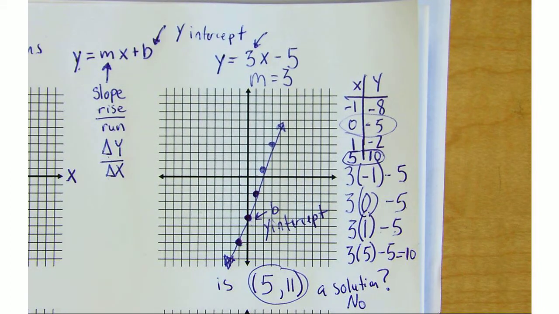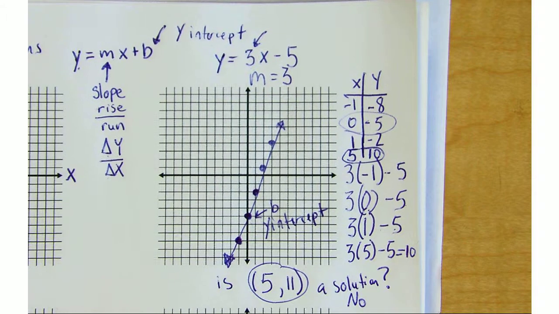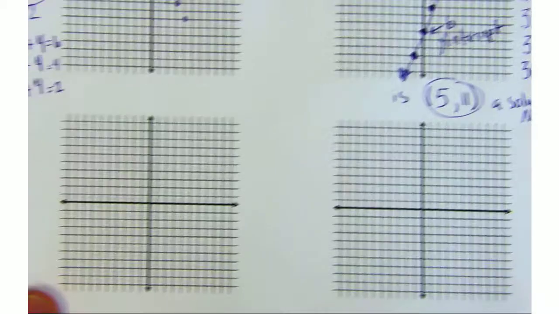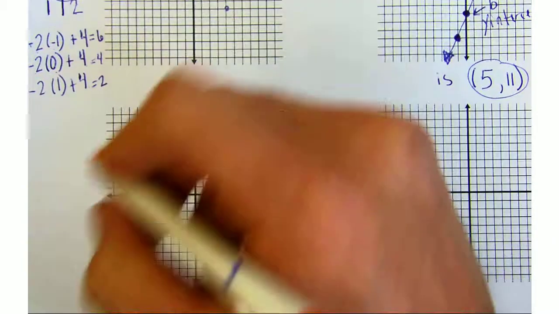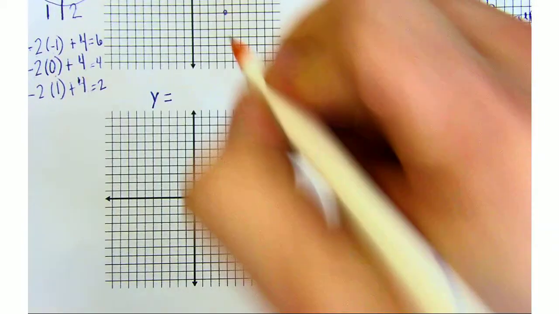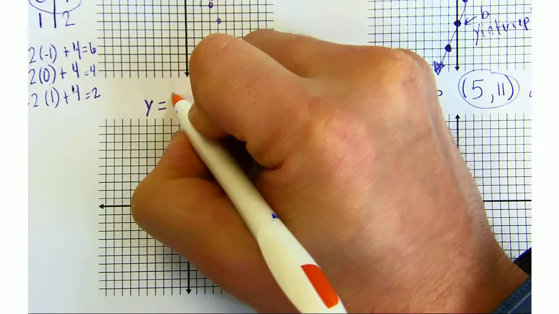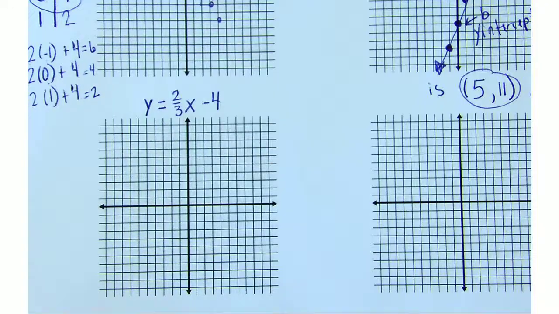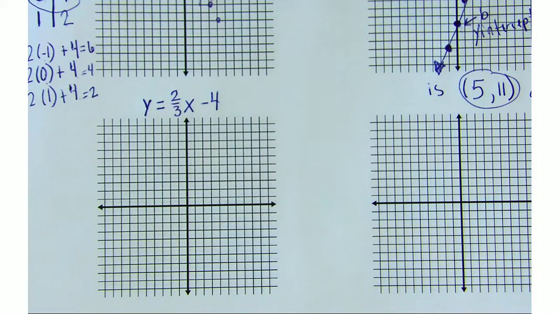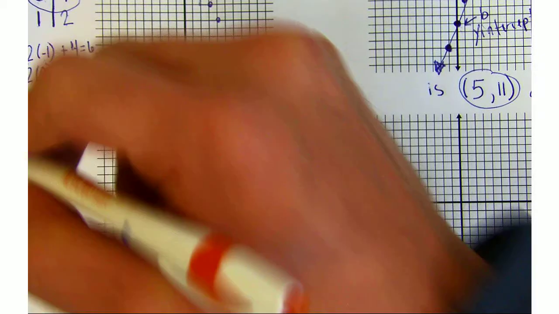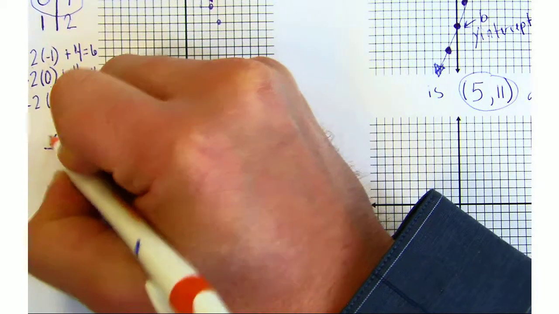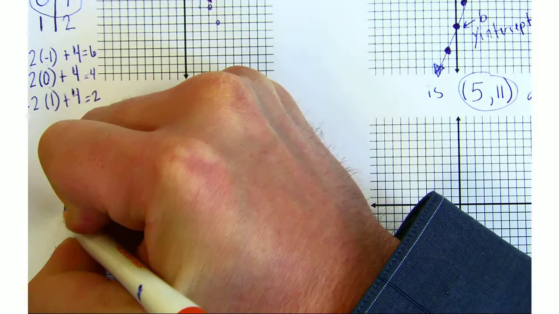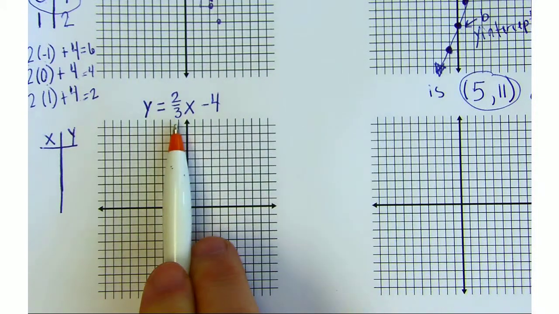Okay, let's do one with a fraction. So if I was given y equals, let's say, 2/3 x minus 4. When you're given a fraction, I personally choose different numbers than -1, 0, and 1. I'm still going to do a positive and a negative, but this takes you to be able to think about 2/3 and reason with fractions.